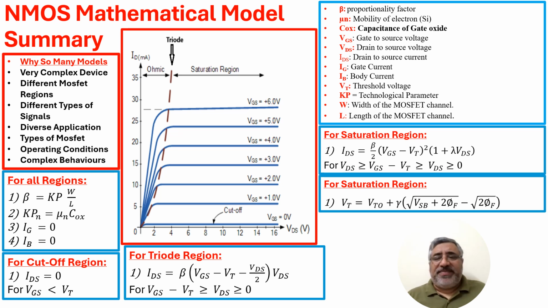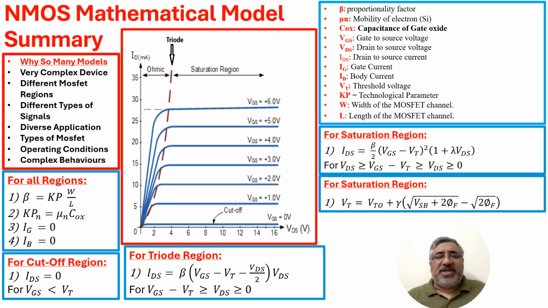Operating in this region, that is the saturation region, allows the MOSFET to function efficiently as a current source, making it ideal for amplification and switching applications where a stable output current is required despite variation in the voltage.